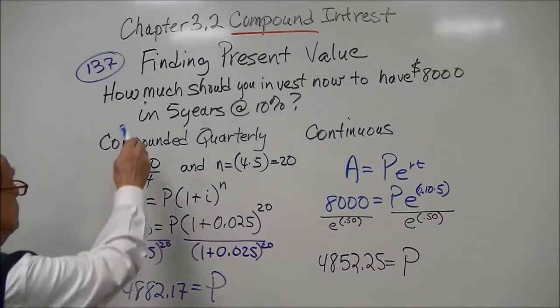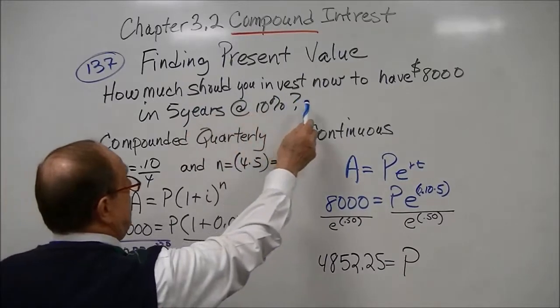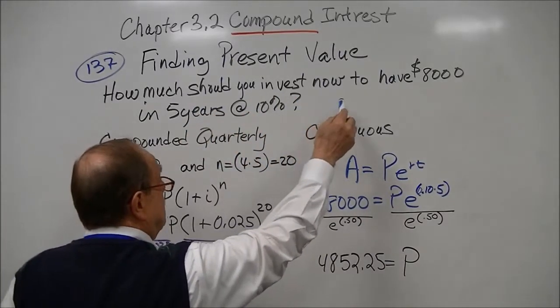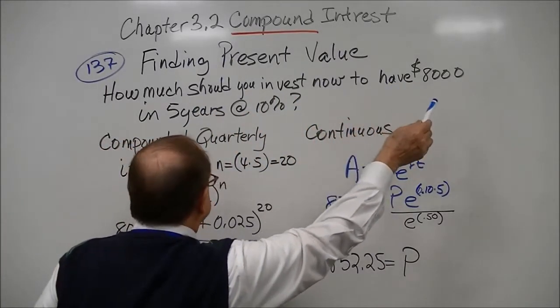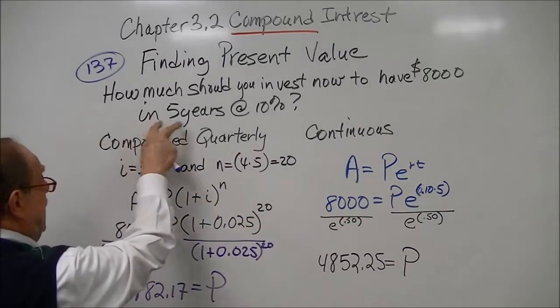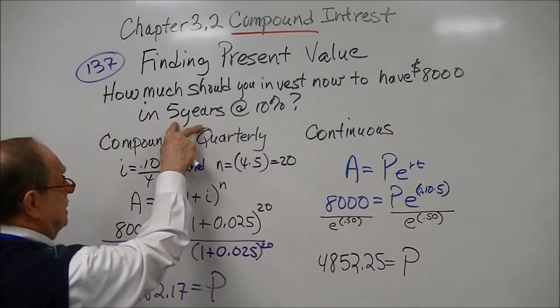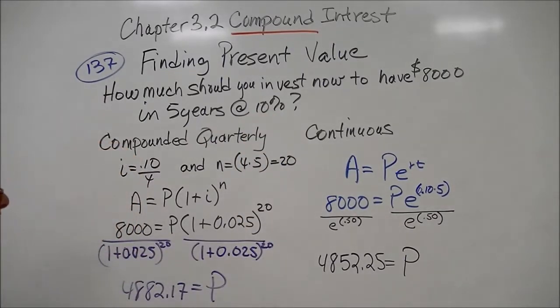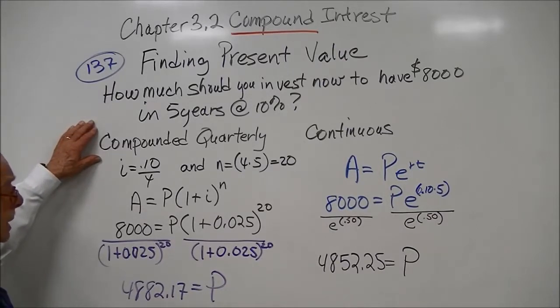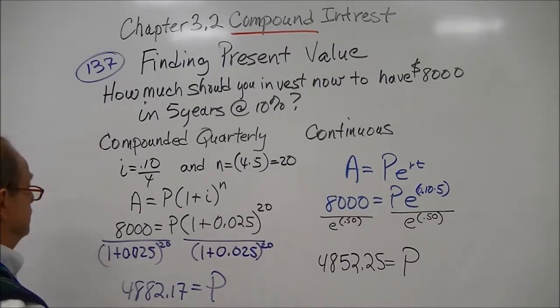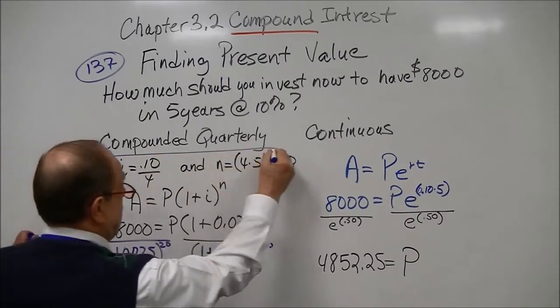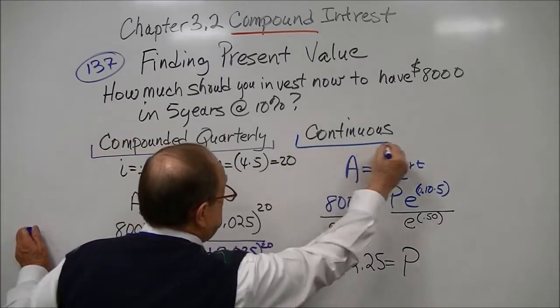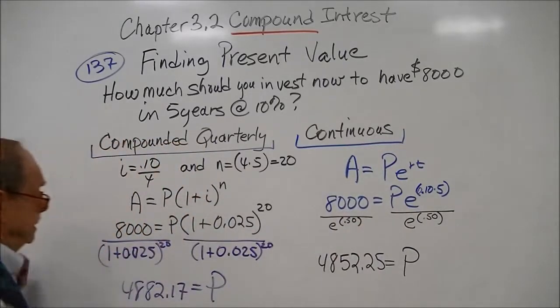It says, how much should you invest now to have $8,000 in 5 years if you could have an investment at 10%? And if this were compounded quarterly, or compounded continuously.